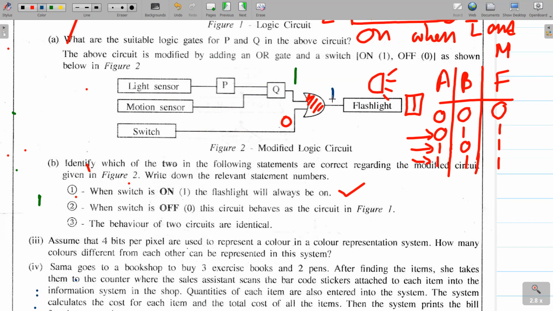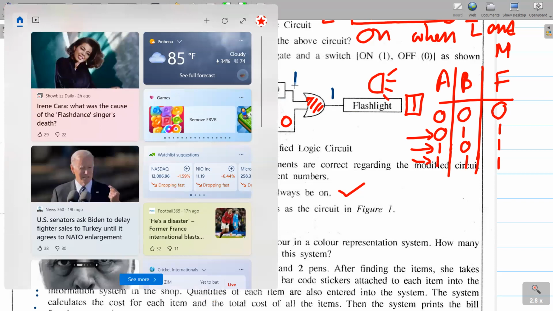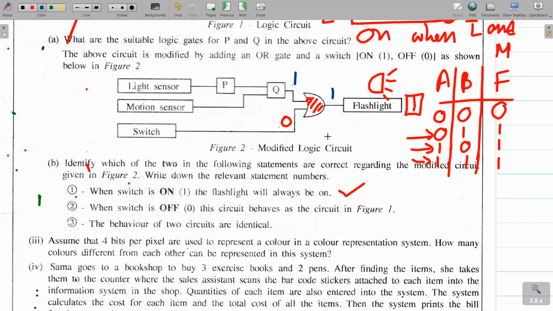The output is going to become 1 as well. If you are going to receive a 0, the output is going to be a 0.